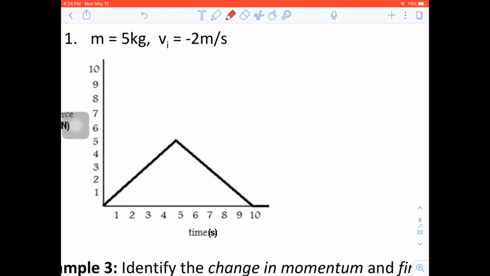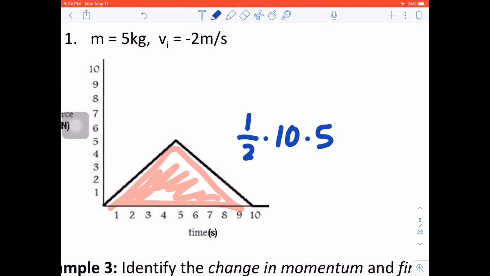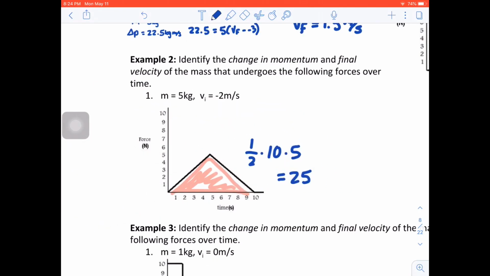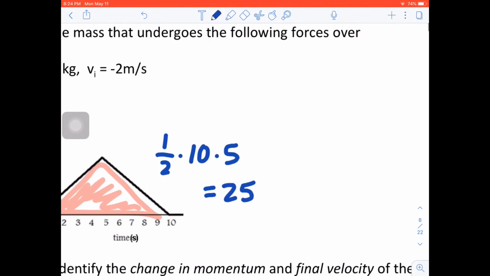So kind of the same process. The area should be just the area of this triangle. Looks like we have a base of 10 and a height of 5. So 1/2 base times height should give you an area of 25. That means we have a change of momentum of 25 kilogram meters per second.